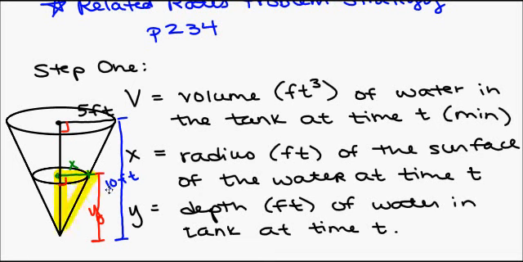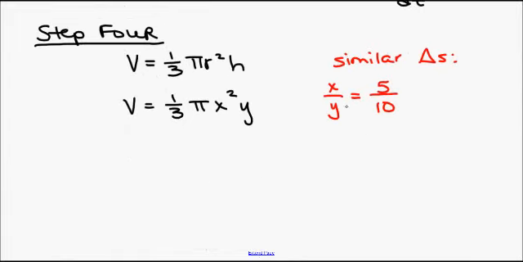I can see that x corresponds to 5 and y corresponds to 10. Radius and radius go together, height and height go together, which is why I have x over y equals 5 over 10. So I can solve this for x, to get x by itself.